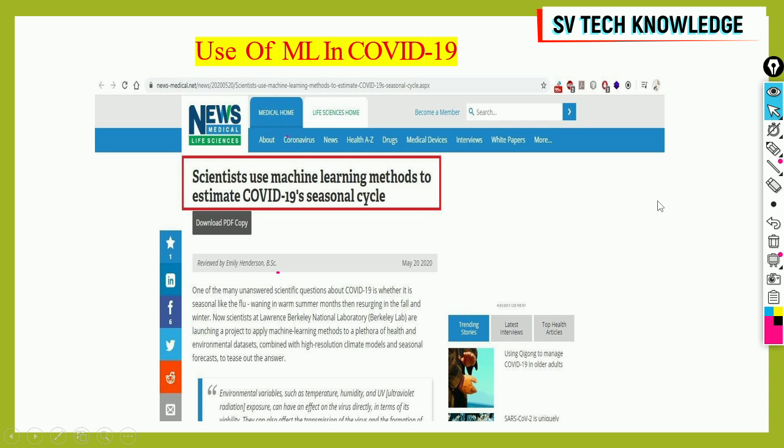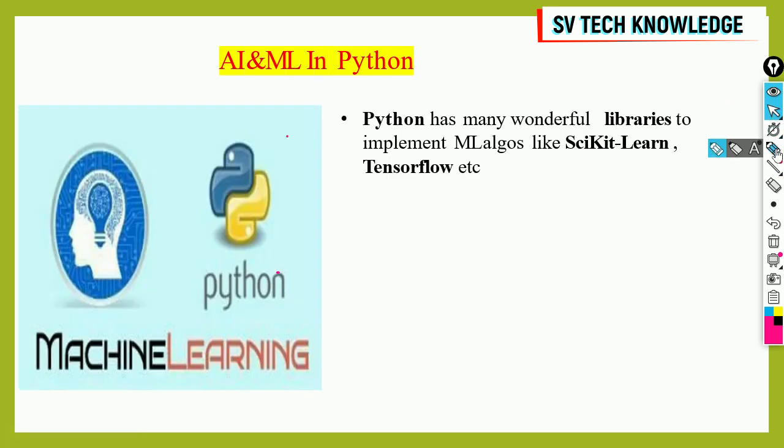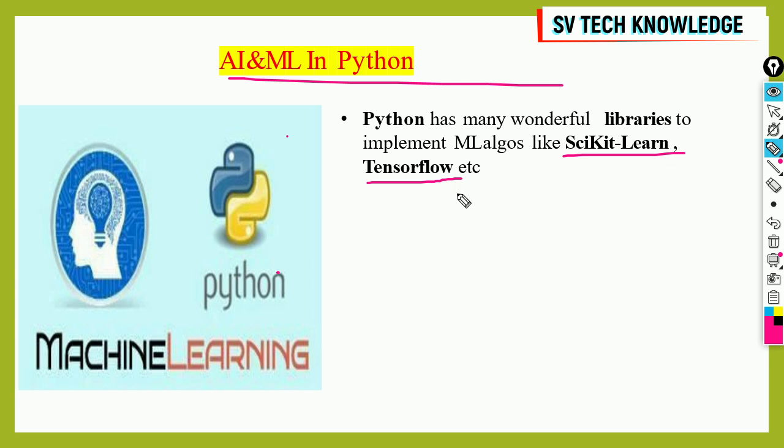This is done using Python only. For AML domain libraries, we use Scikit and TensorFlow. These are the two important libraries we use for machine learning and artificial intelligence.